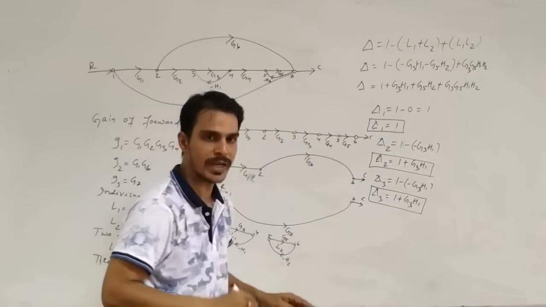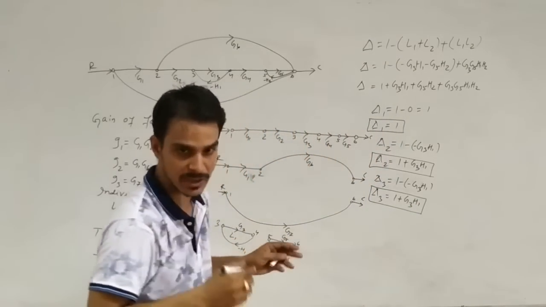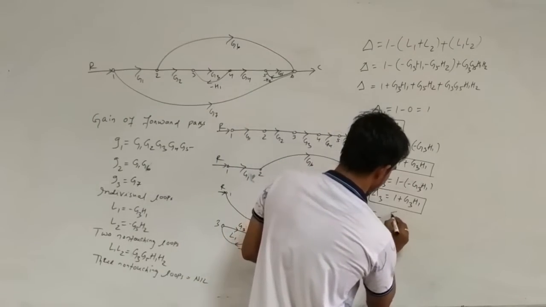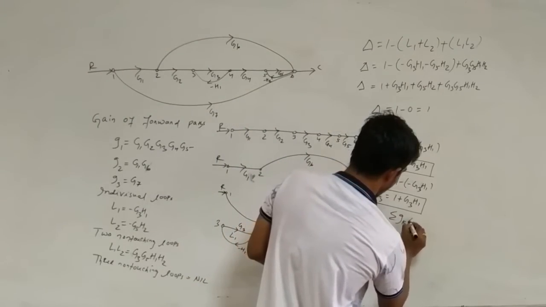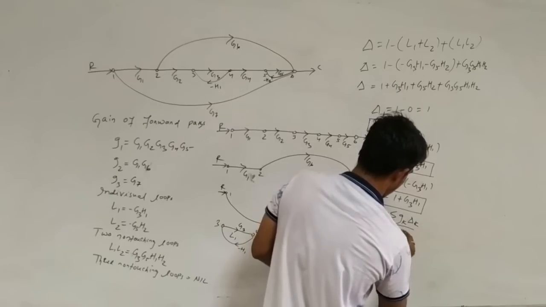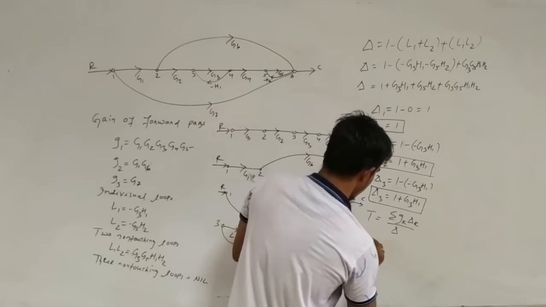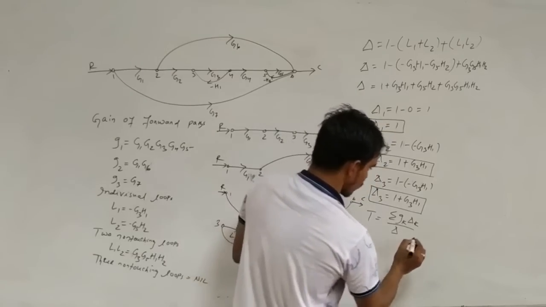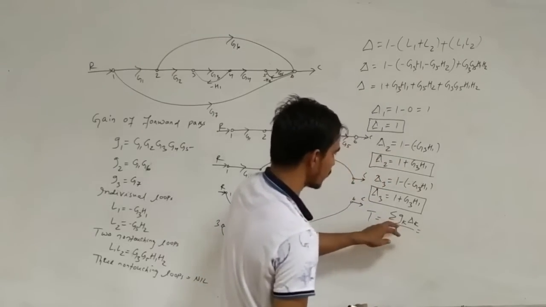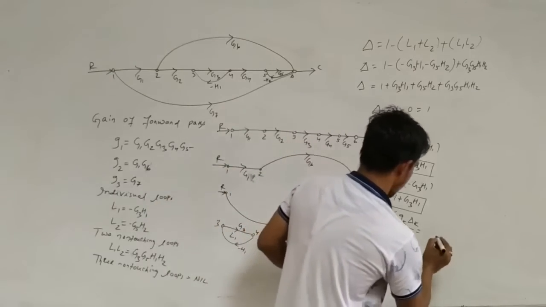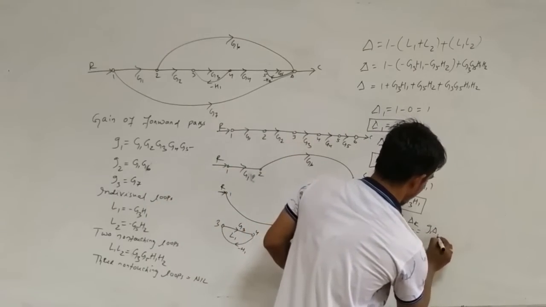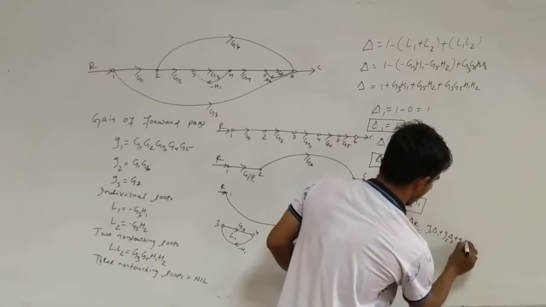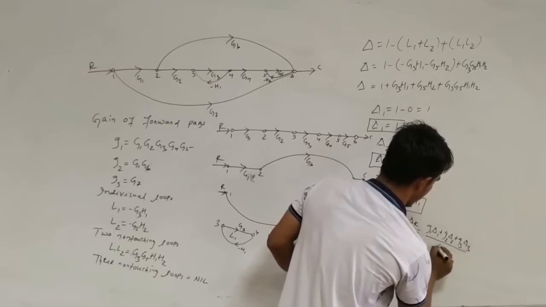Now we have to find C by R, the transfer function, that is T equals summation of Gk delta k divided by delta. So T equals G1 delta 1 plus G2 delta 2 plus G3 delta 3 divided by delta.